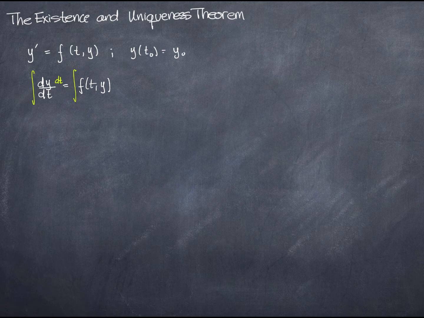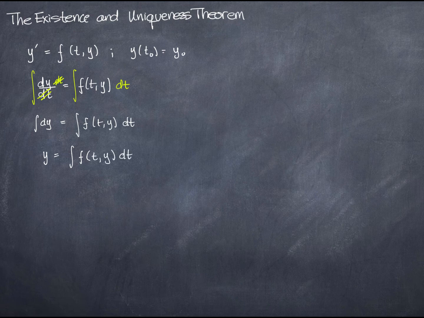But let's say that I'm going to integrate with respect to t. On the left-hand side, I can do this, which leaves me with the integral of dy. Well, that's just y. So I can rewrite this as y equals the integral of the function f of t, y dt. And that's our answer, right?